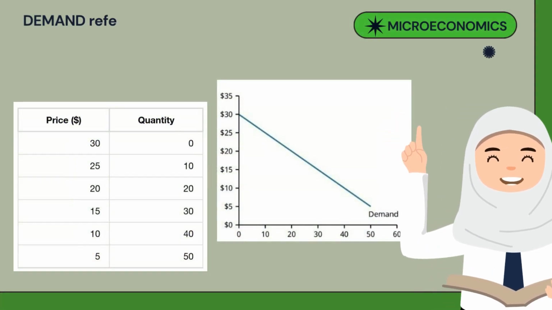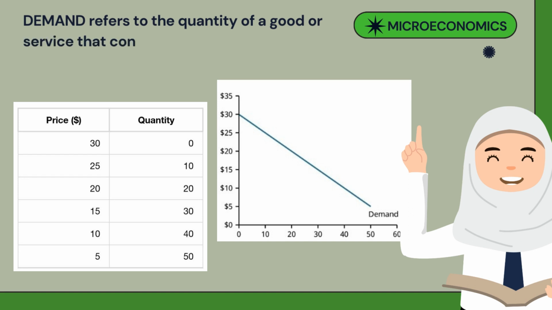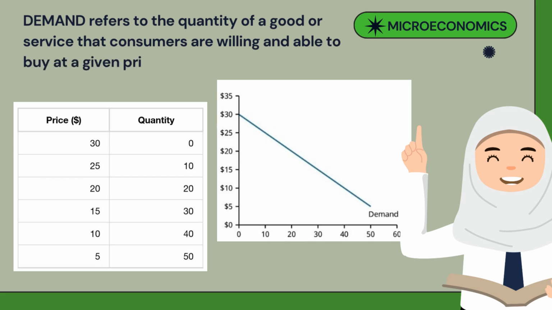Demand refers to the quantity of a good or service that consumers are willing and able to buy at a given price and within a specific time period. Demand in microeconomics refers to the quantity of a good or service that consumers are willing and able to purchase at different prices. It is influenced by factors such as consumer preferences, income, and the prices of other goods.